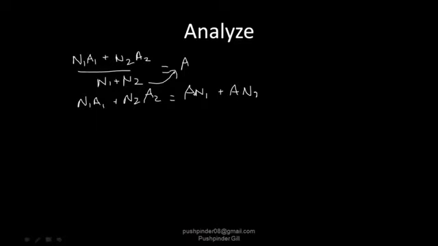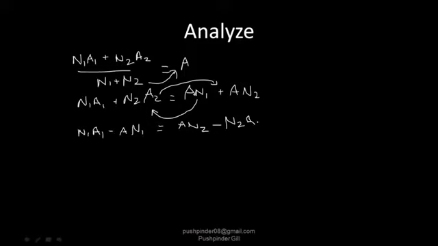You don't have to learn that. I'm just showing it so that you understand. I'm going to come to one concept. Let me take this to that side and bring this to that side. So that is going to be n1 times a1 minus a times n1, equal to a times n2 minus n2 times a2. Okay, just bear with me for one more step.